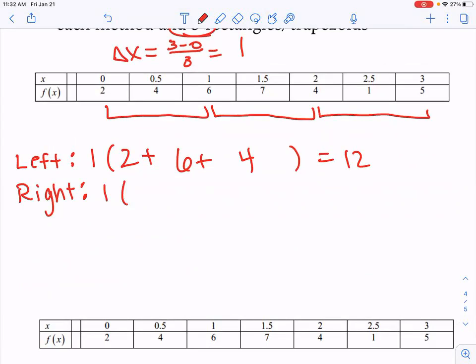What about the right? Delta x is 1. And if we look at the function heights for our right-hand endpoints, from 0 to 1, 6 is on the right. From 1 to 2, 4 is on the right. And from 2 to 3, 5.